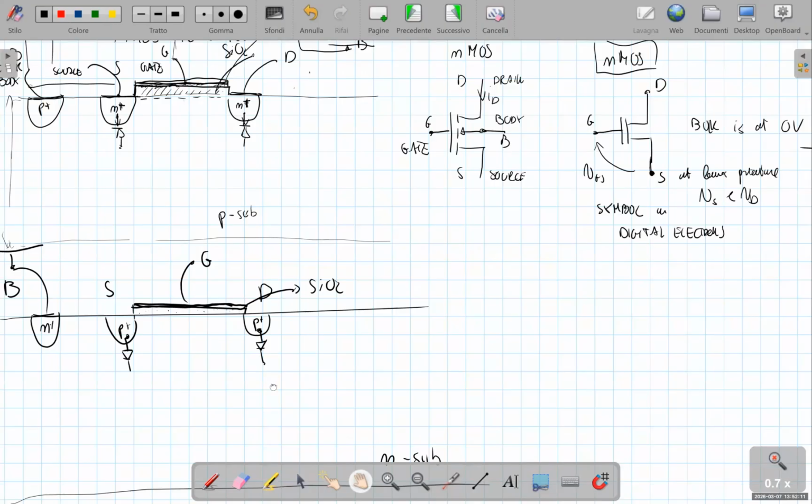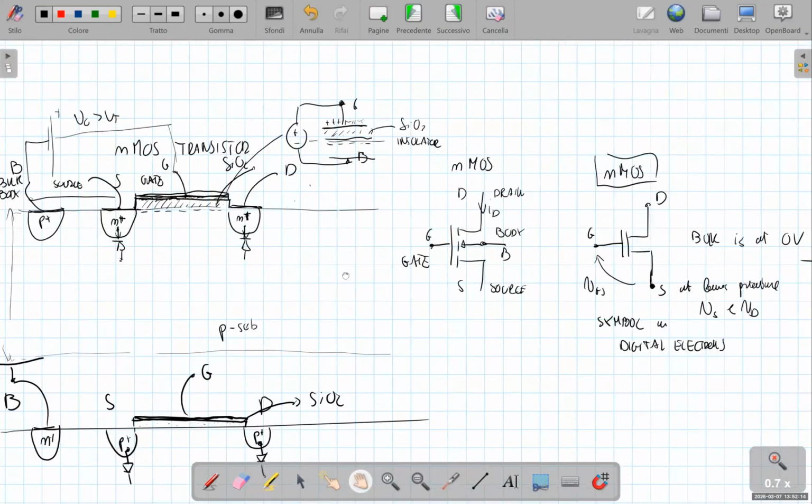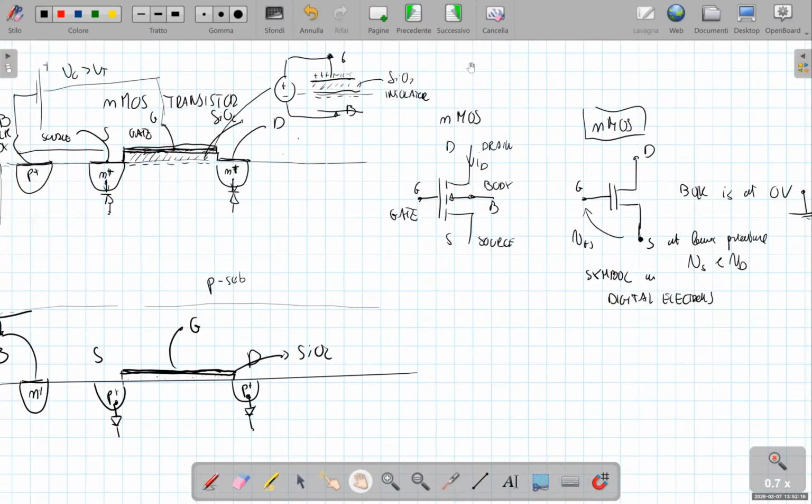Note that the acronym MOS actually describes this structure both for the N-type and P-type device. So it describes the structure made by metal, oxide, semiconductor.